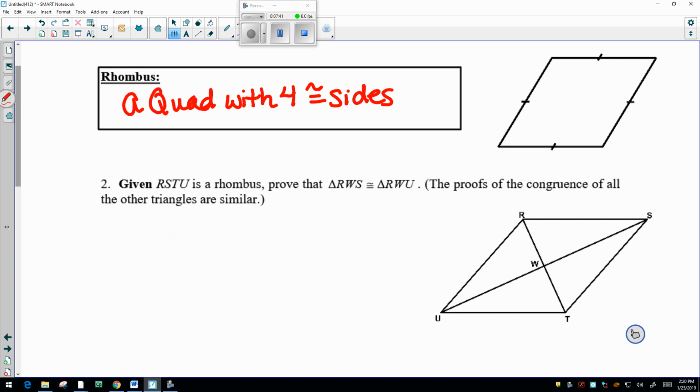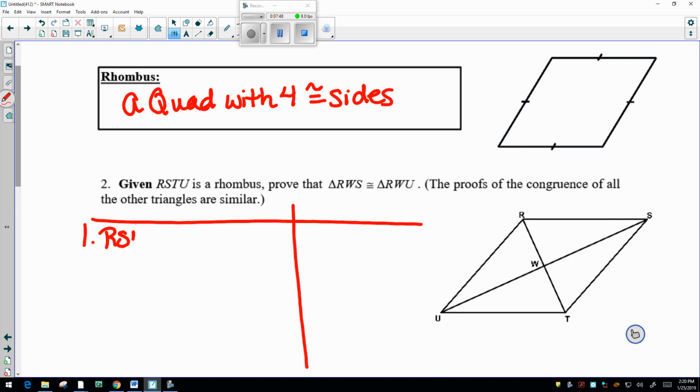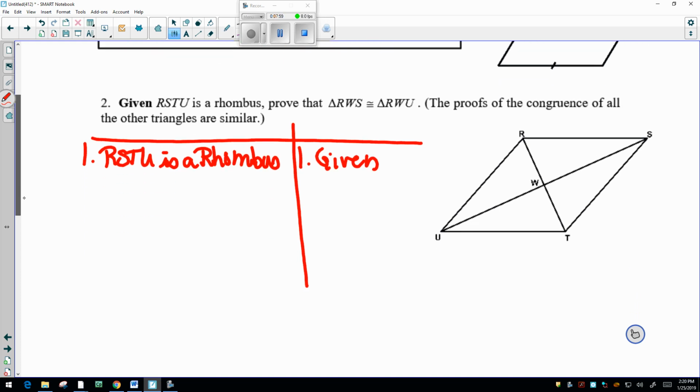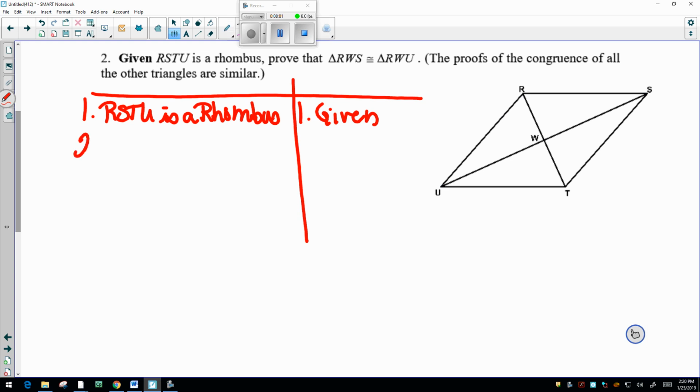Any proof will always tell you we're going to start off with the given. So we're going to start off here just by saying that RSTU is a rhombus. And that's our given information. Now, knowing it's a rhombus and using our definition, we can say we have some sides that are congruent.